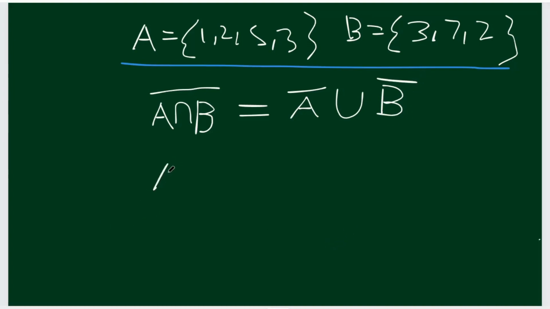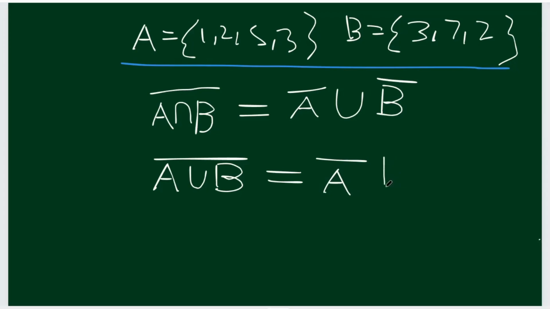And also, the complement of A union B is equal to the complement of A intersect the complement of B. Why is this once again?